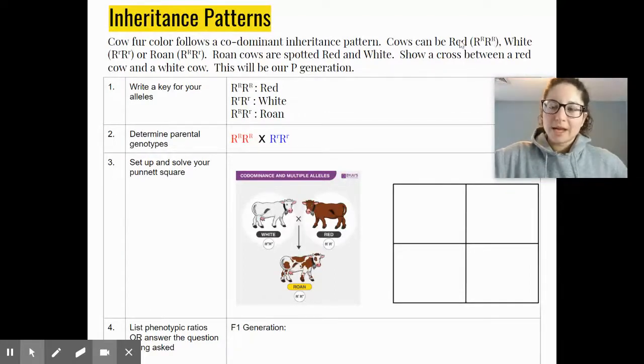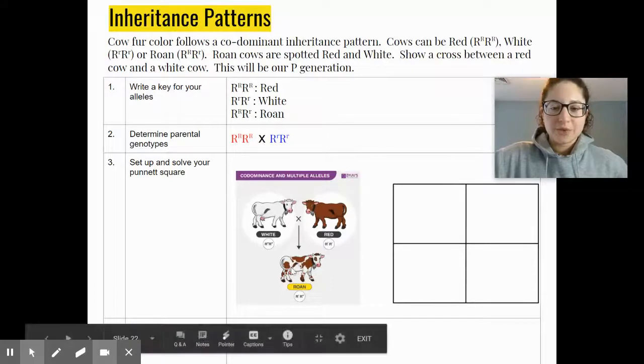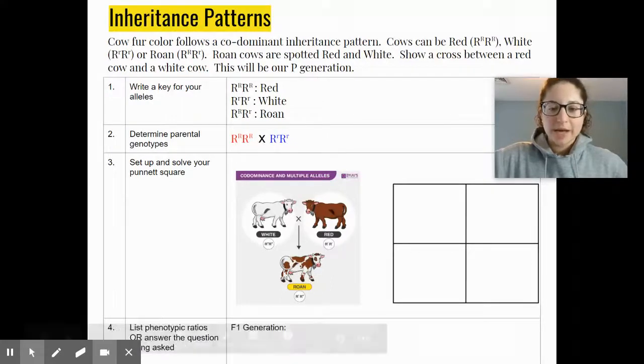Cows can be white, which is fur color white, fur color white, or cows can be roan, which is fur color red, fur color white. Roan cows are spotted red and white. So again, this is your roan color. So we have white, red, roan.